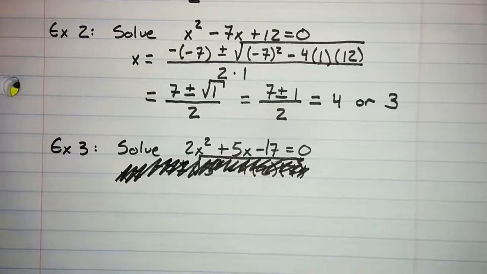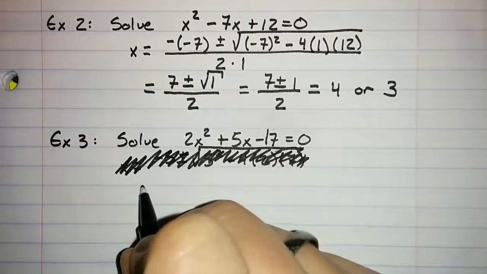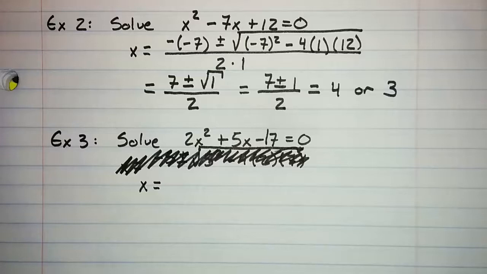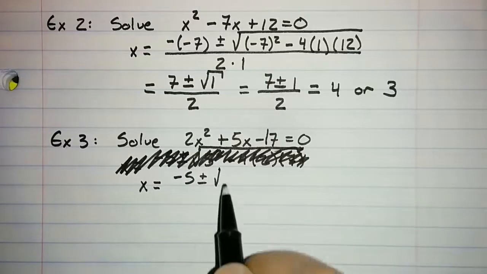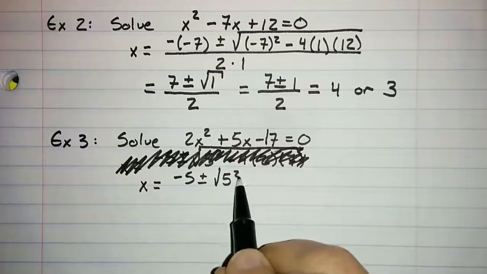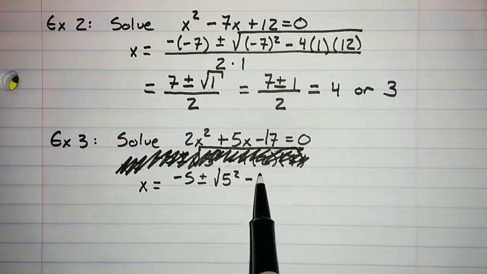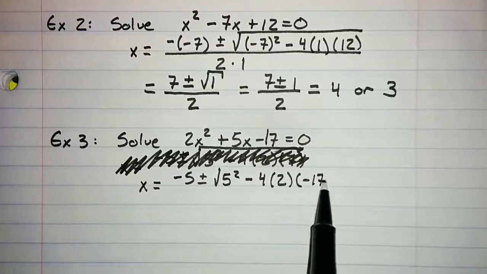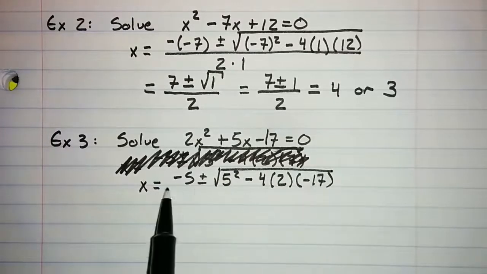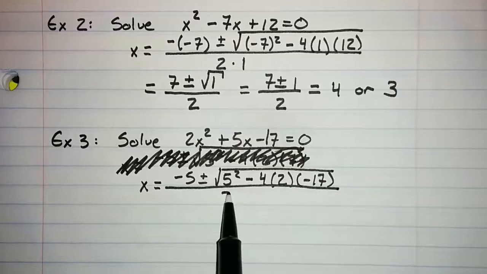Maybe I want to solve this equation. I'll get x equals negative 5 plus or minus the square root 5 squared minus 4 times 2 times negative 17 all over 2 times 2.